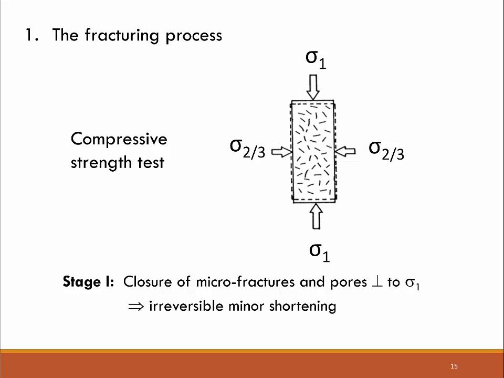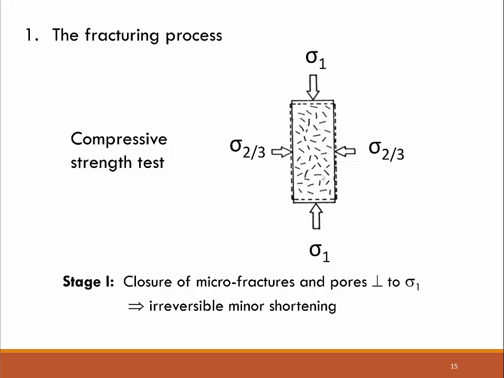Very similar processes take place in the compressive strength test, and we have seen in previous slides some of the examples how compressive strength tests are carried out. We are now looking at a rock specimen that is exposed to compressive stresses from all sides. The smaller sigma 2 and sigma 3 act laterally, and sigma 1 again acts parallel to the long axis of the rock specimen.